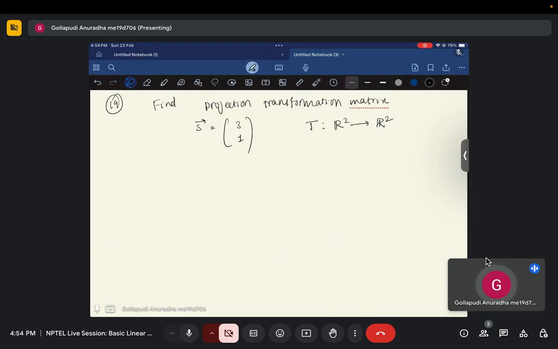So if any vector in R2, say for example x1, x2, suppose you have some vector v, which is (x1, x2) in R2 space, and you are projecting it on S, then what will be the transformation matrix for that projection?